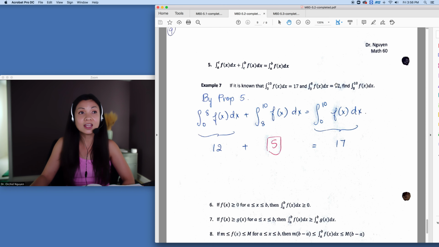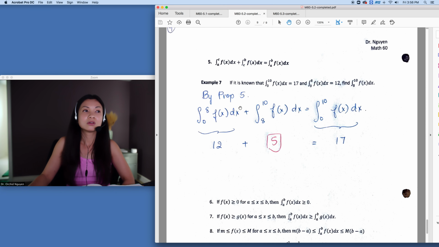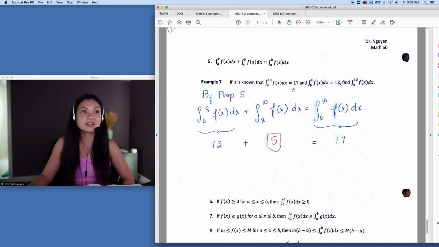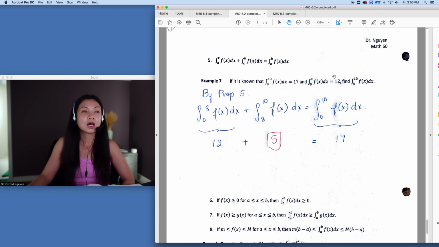From 0 to 8 is 12. So I'm asking you, what is from 8 to 10? We pretty much just subtract, right? Because this is the sum of this one and this one.